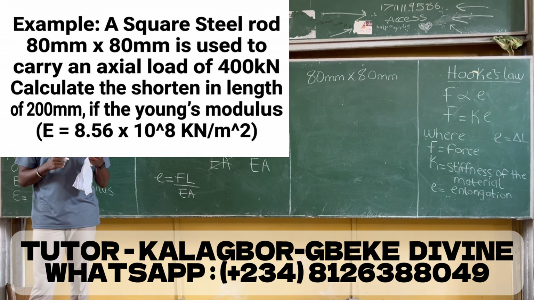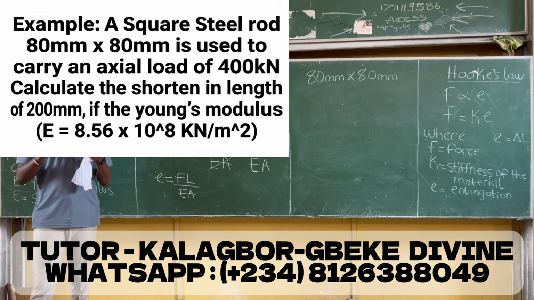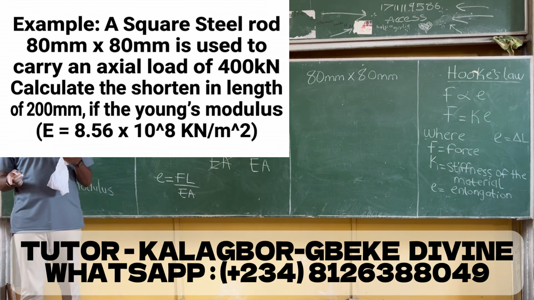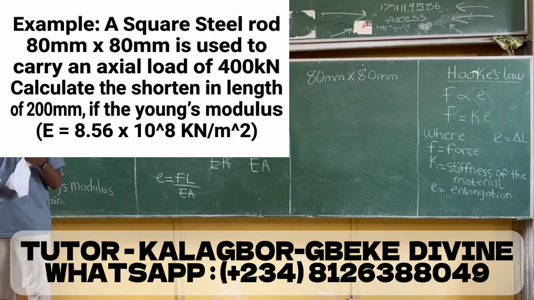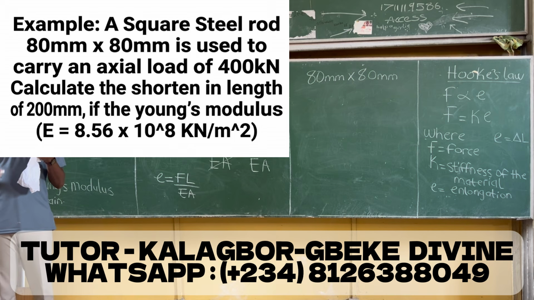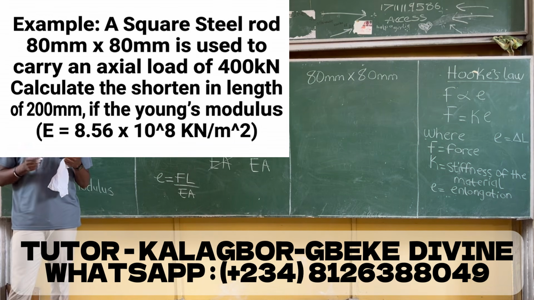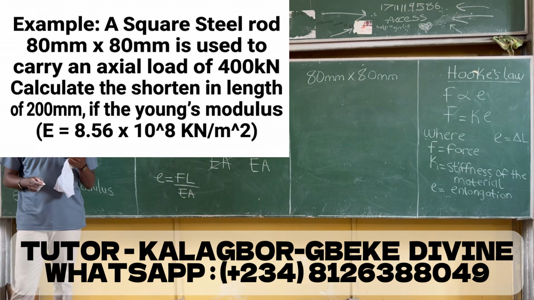Are you there? You're not there. Where are you lost? Okay. Calculate the shortening in length of 200 millimeters if the Young modulus is 8.56.